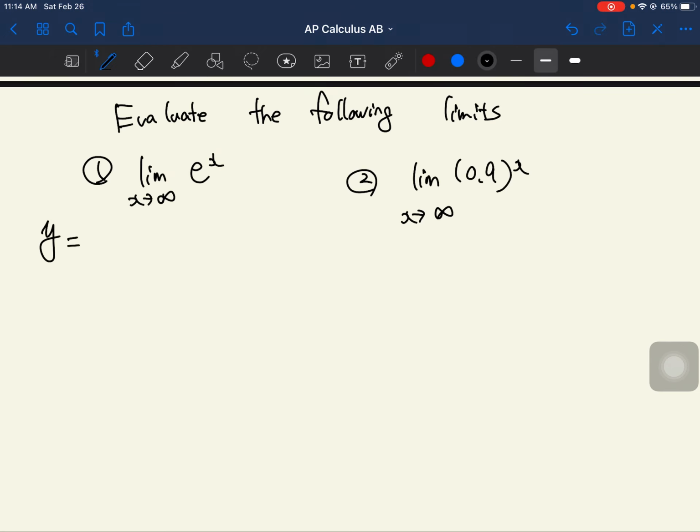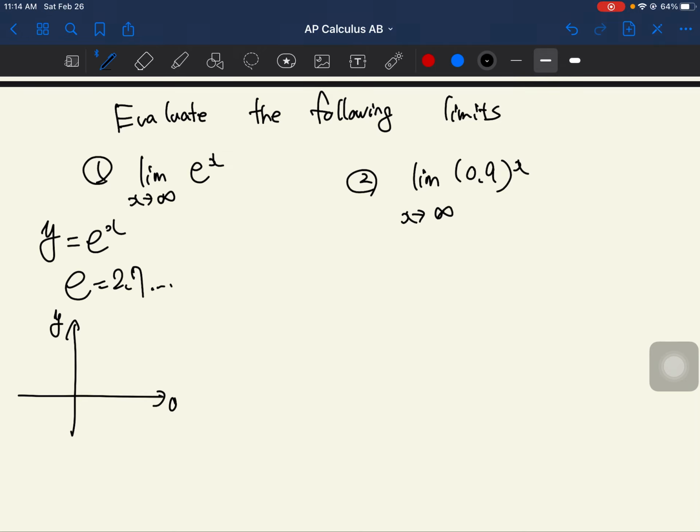So let me draw the graph of y equal e to the power of x. You know the value of e? It's a little bit complicated, but it's almost 2.7 something.